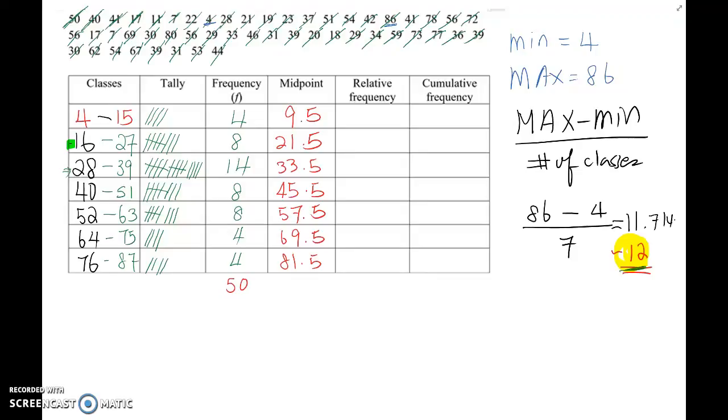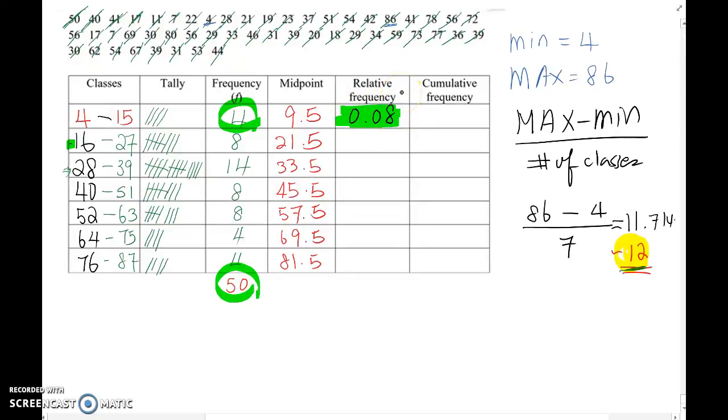The next column, the relative frequency, which means percentage value. It means you divide each frequency by the total frequency. So for the first class, the relative frequency will be 4 divided by 50. If you make the division 4 over 50, it comes out 0.08.